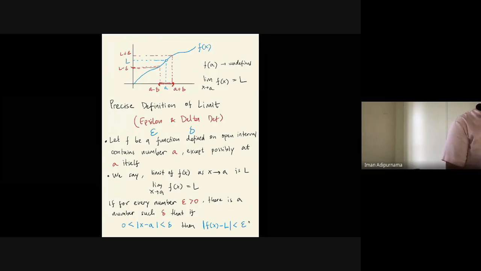The epsilon and delta is actually just the last part here. This part is just a regular limit. The epsilon and delta definition is here. You don't need to memorize, just understand what it is.